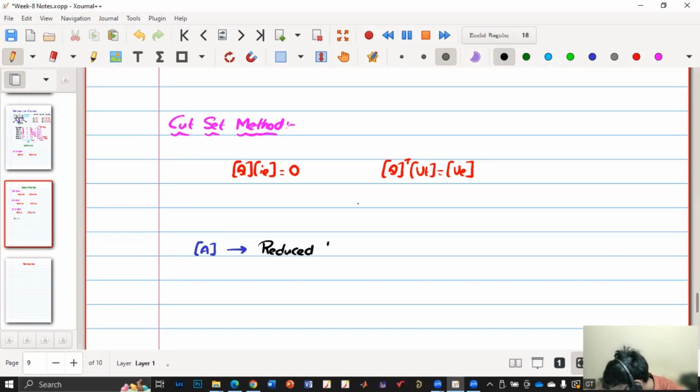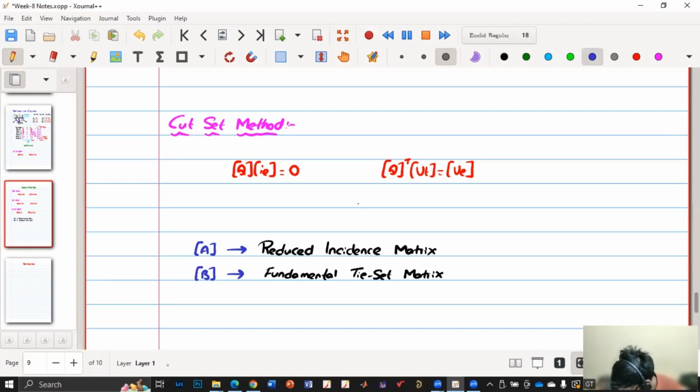And the B matrix is called fundamental tie set matrix. And then the Q matrix is called fundamental cut set matrix. So these are the names.